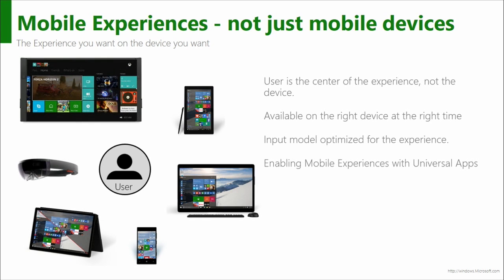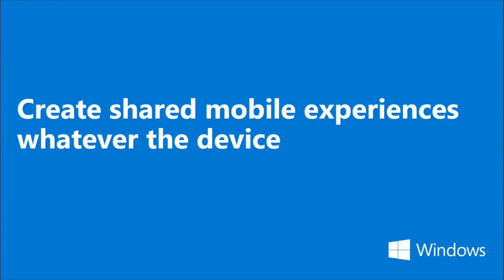Regardless of which device they are using, they are able to enjoy the experience of your app. And that means you need a connected experience. Make sure your app shares the data and the experience that it's got, and makes it available in the right way on each of these different devices. If you want to summarize, we need to create shared mobile experiences, whatever the device.